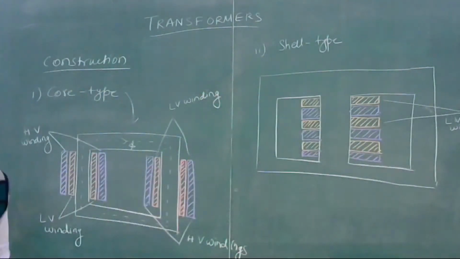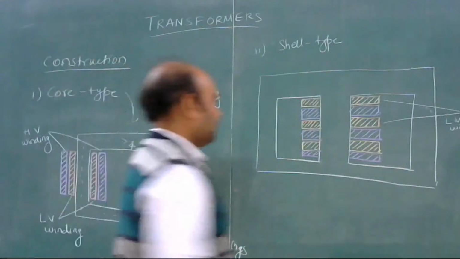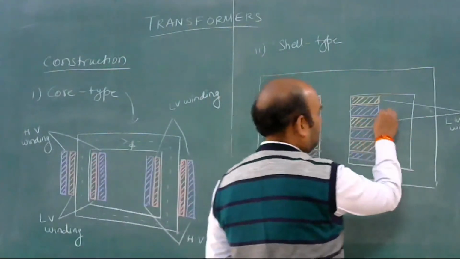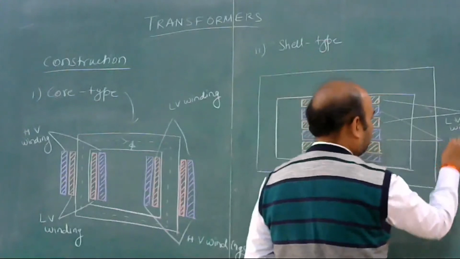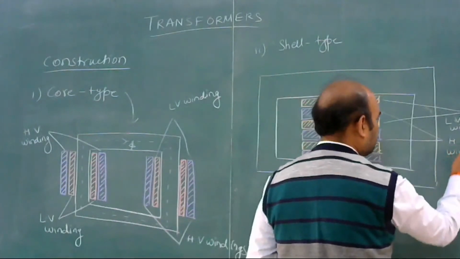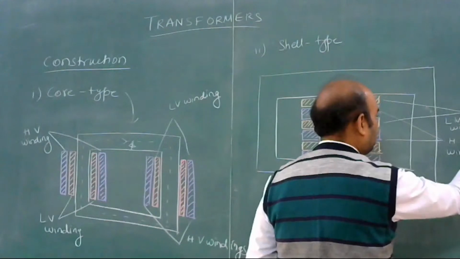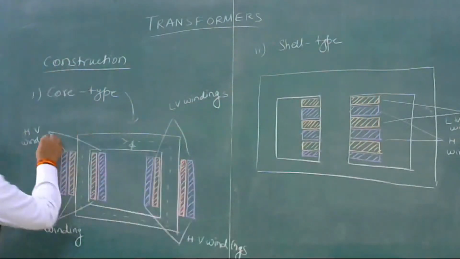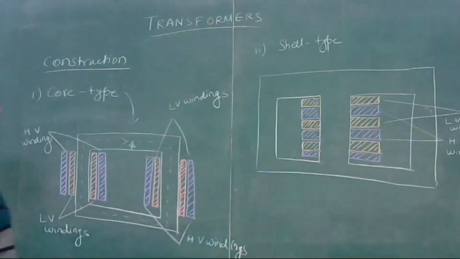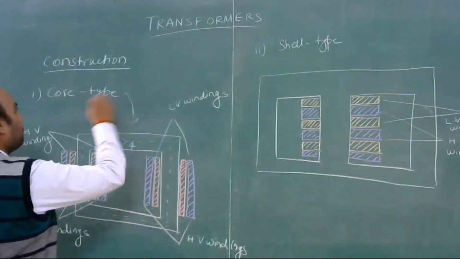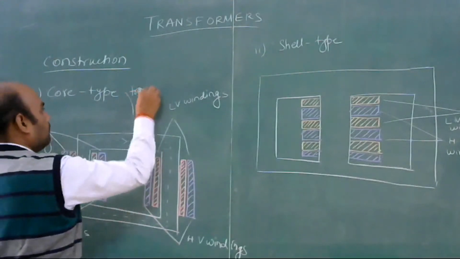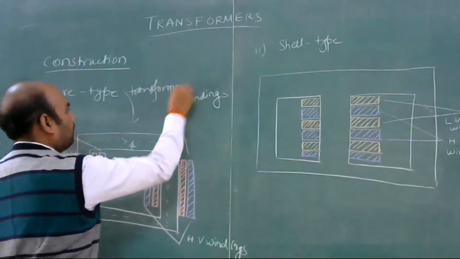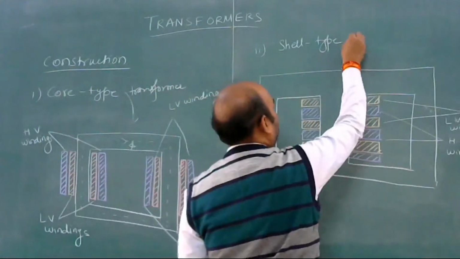These windings, violet color, are HV windings, high voltage windings. So this is core type transformer, and this is shell type transformer.